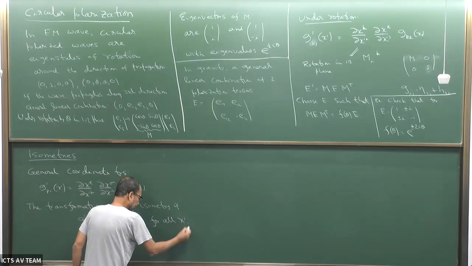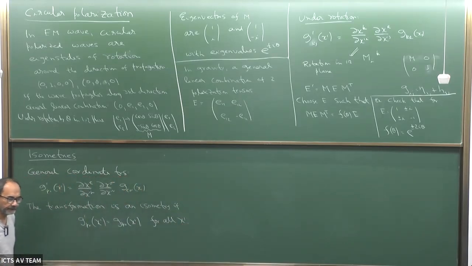So the argument is just a dummy argument. Isometries are a special kind of general coordinate transformation which preserve the functional form of the metric. The new metric has exactly the same functional form as the old metric. Is the definition clear? So this we have seen before.